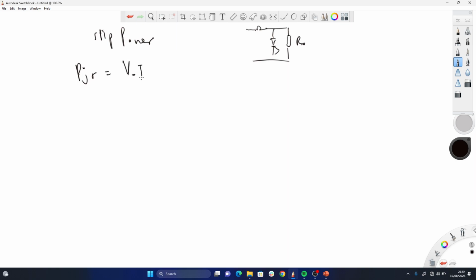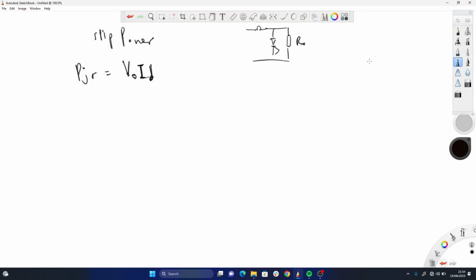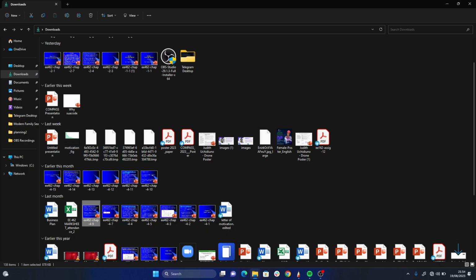P is VI, so V naught times ID. That's my PJR. And I found V naught to be this, so it just becomes this multiplied by ID. So this is another formula. This part is more about knowing the formulas. Once you know the formulas, you should be able to work around them.